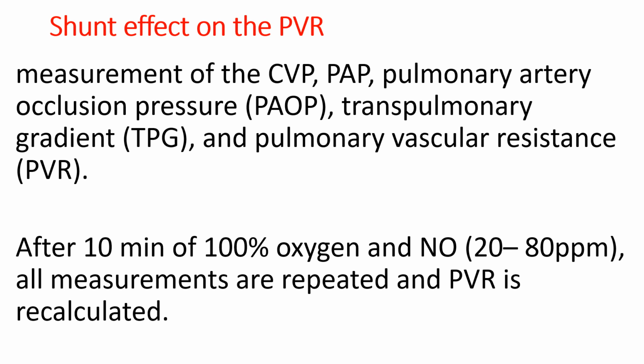Whether this high pulmonary pressure is because of the transmitted pressure from the aorta or the left ventricle, or this is an already high pressure because of the increased pulmonary vascular resistance, I can't differentiate between those two patients because both patients will have a high pulmonary artery pressure.